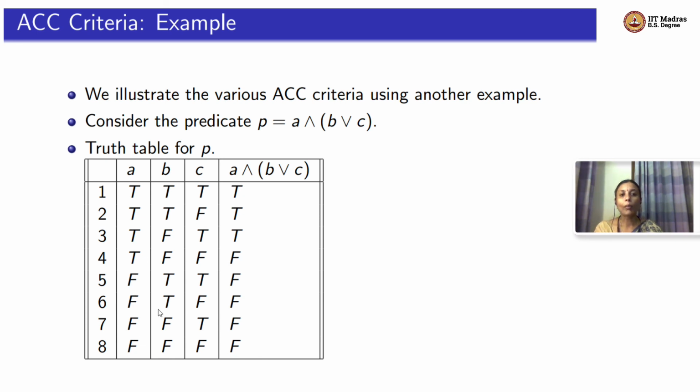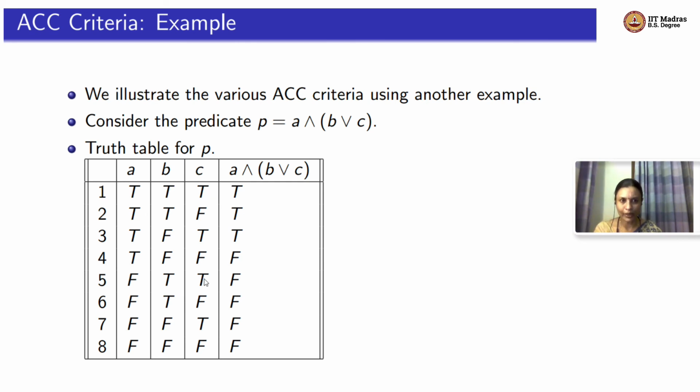But restricted active clause coverage says the minor clauses take the same value. So suppose I choose row 1 for A being true, then I have to choose row 5 for A being false for restricted ACC. Why? Because rows 1 and 5 make sure that A is true and A is false as the major clause, and minor clauses B and C take the same value in both cases. Both are true.